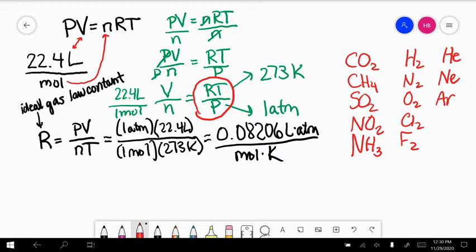It doesn't necessarily have to be standard temperature and pressure, and the volume doesn't necessarily have to be 22.4 liters. But you can know that if gases are in the same conditions or the same container, then they will have the same volume regardless of the identity of the gas.